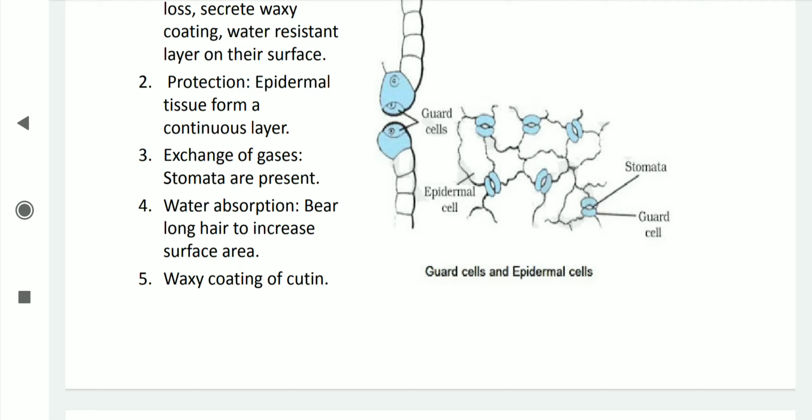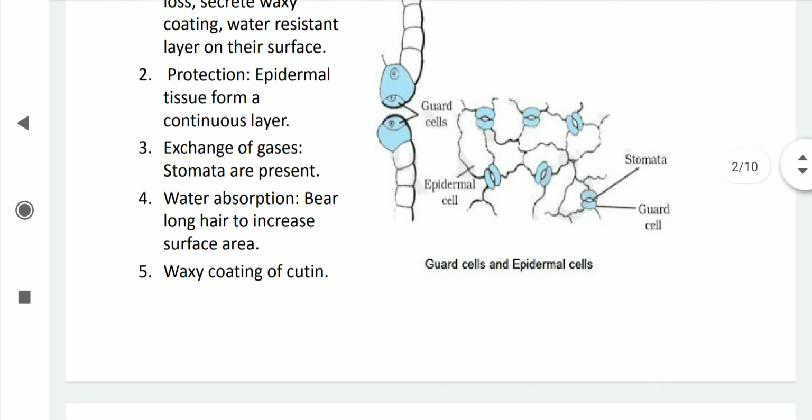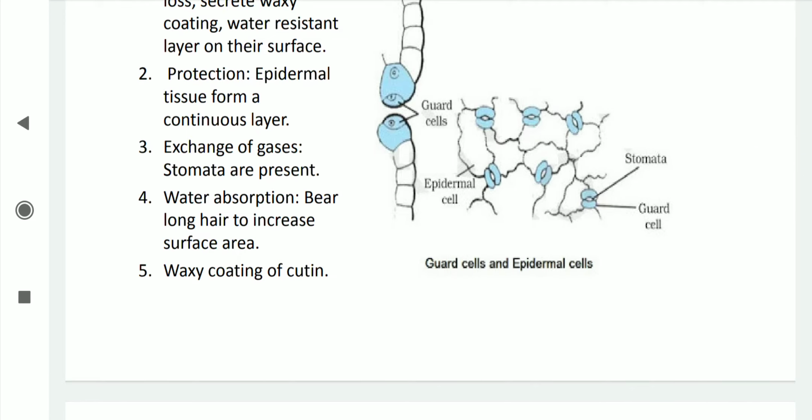Stomata are enclosed by two kidney shaped cells. And what do we call these kidney shaped cells? Guard cells. In previous classes, we have told you how opening and closing of these stomata takes place.